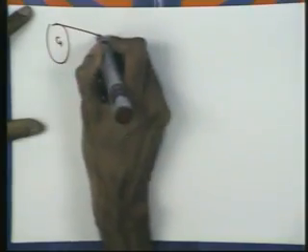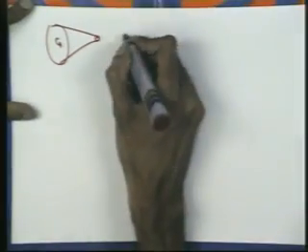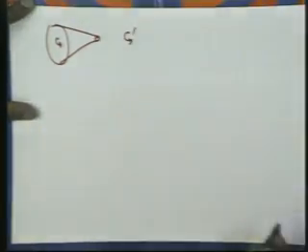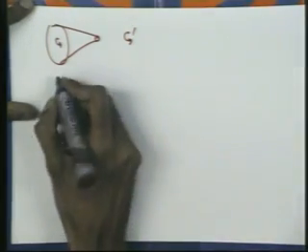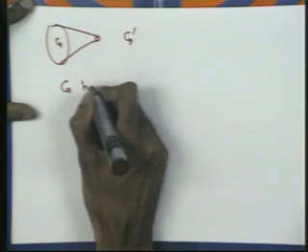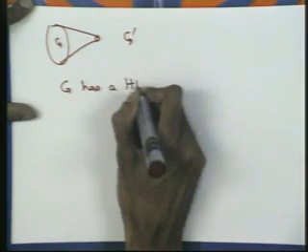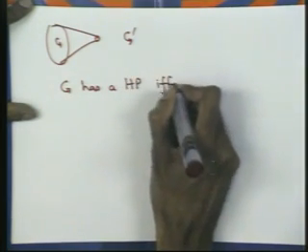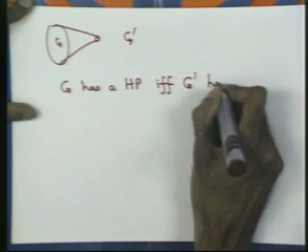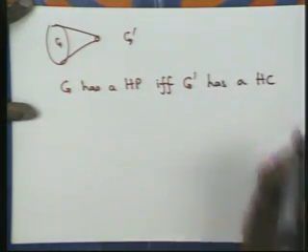Here is G, and vertex U is adjacent to every other vertex in G. Call this new graph G prime. I want to show that G has a HP if and only if G prime has HC.